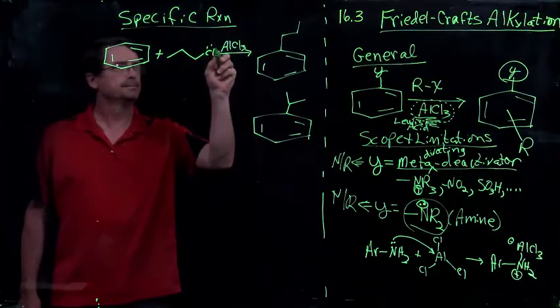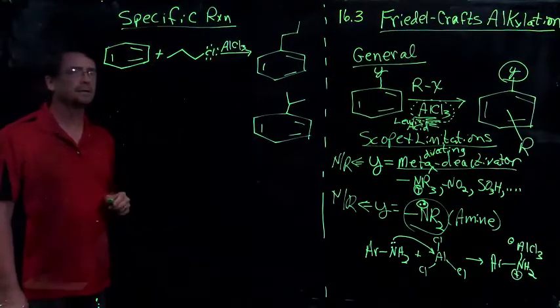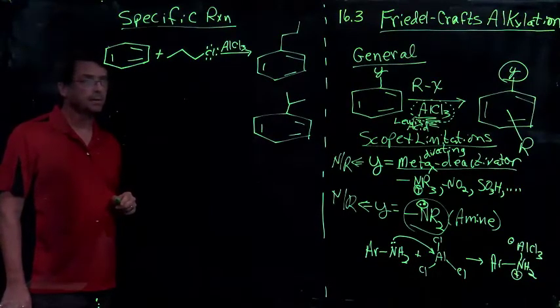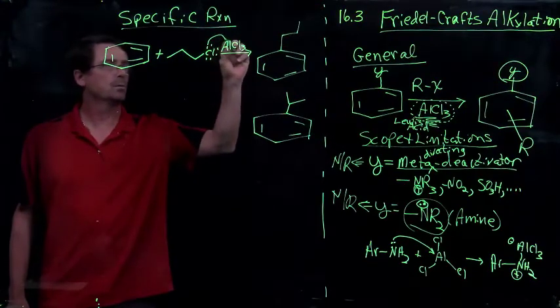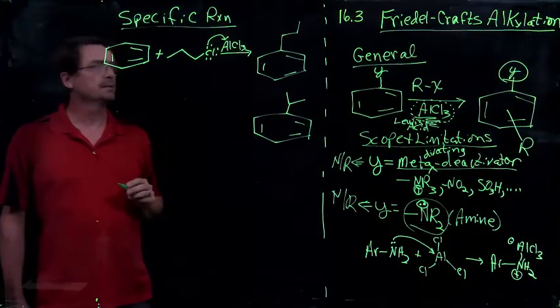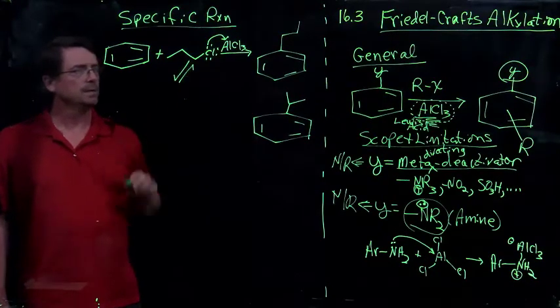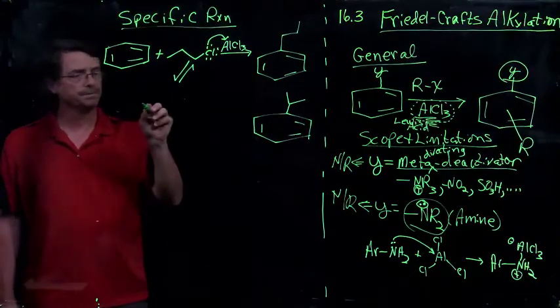So, chlorine, of course, has lone pairs there. And remember, we said aluminum chloride is our Lewis acid activator in this reaction. So we form a Lewis acid, Lewis base adduct. This, of course, would be a reversible or exchangeable coordination.